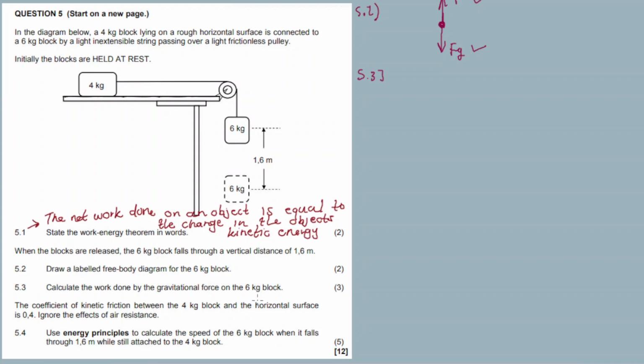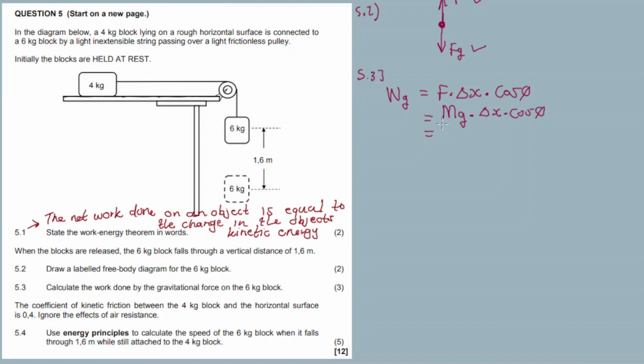We know that work done is always calculated as force times delta x times cos theta, and the force of gravity is calculated as mass times gravitational acceleration. So then we substitute here.